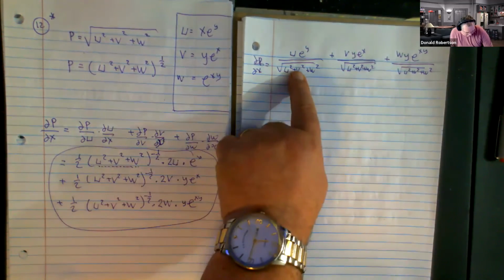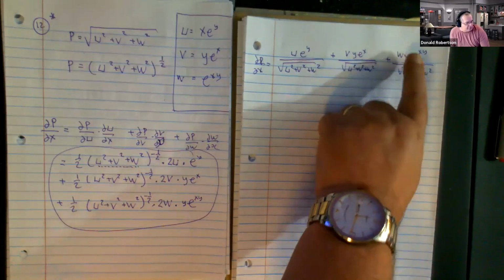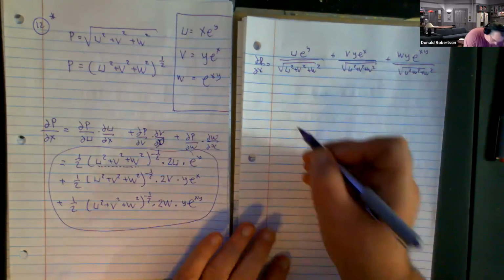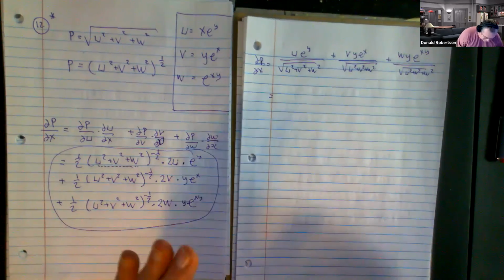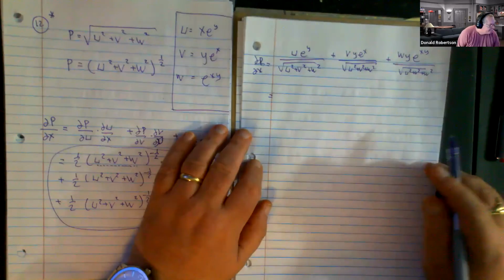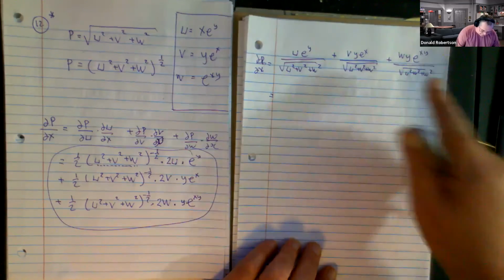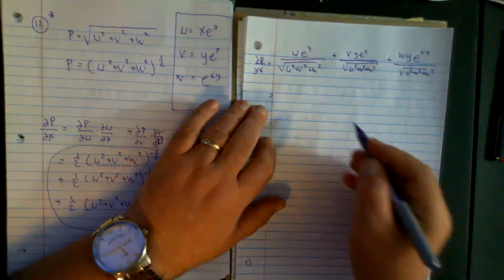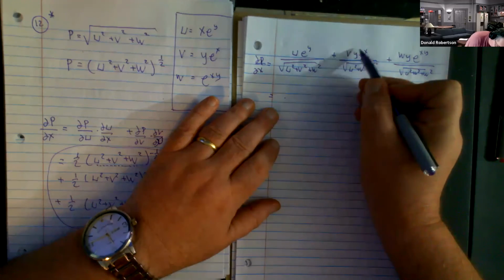Tidy it up a little bit. Negative downstairs is the square root. Tidy it up. Half power downstairs. Okay, let's look for style points. Anything you can work with here. You can pull out an e to the y. This one doesn't have it.